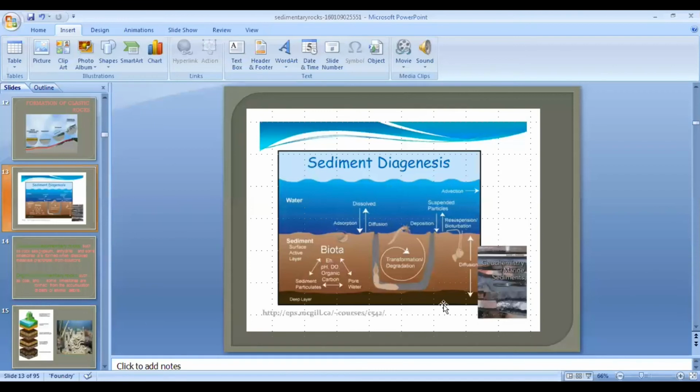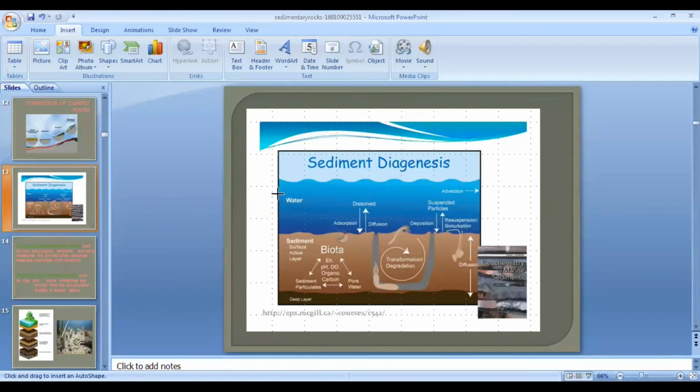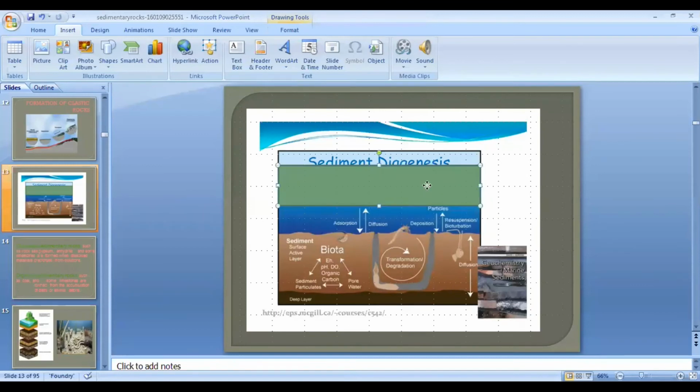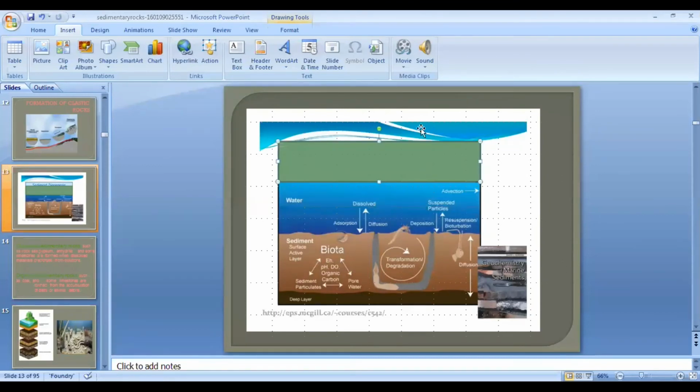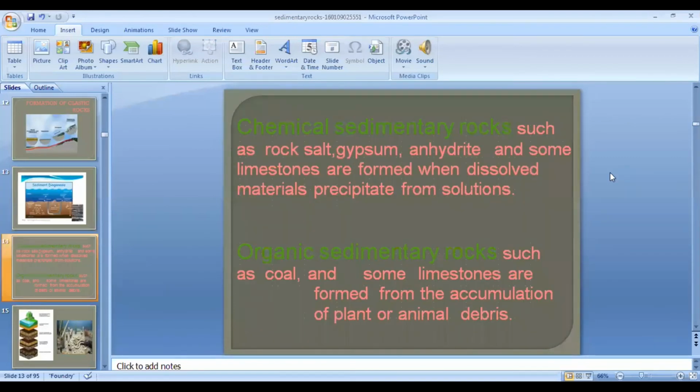And as diagenesis progresses, we have successive layers coming in. So just consider this one as A, B, and then we will have another layer coming in, and then another layer, and then another layer. So this process will continue, and normally we call this process sedimentary diagenesis.